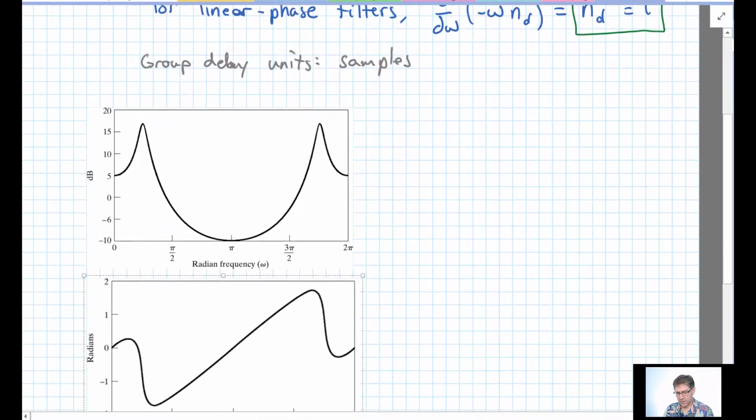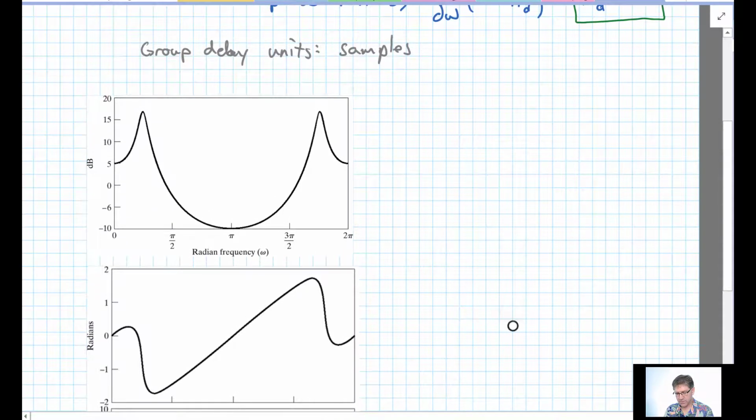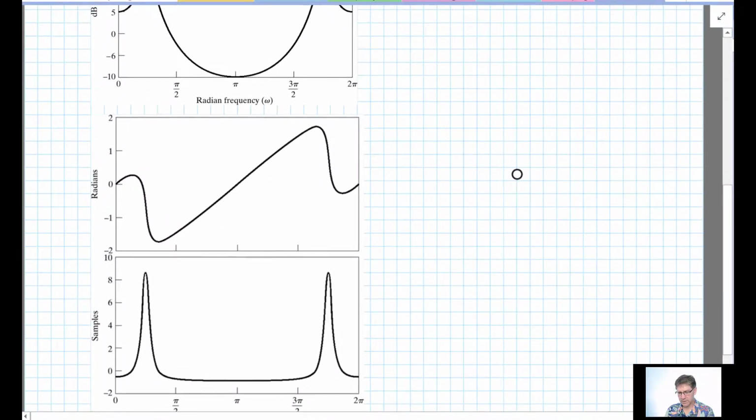If we look at the phase response of this filter, it's approximately linear phase through much of it, but as it gets near the poles, the phase undergoes a radical shift in both cases. So if we were to take the derivative of that phase, we get the group delay.